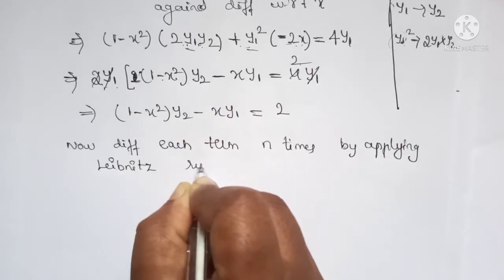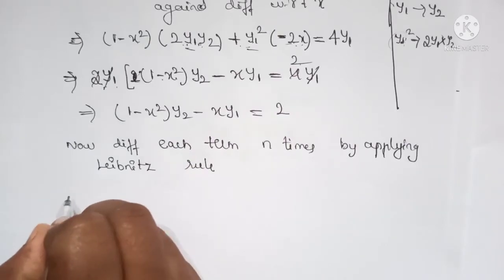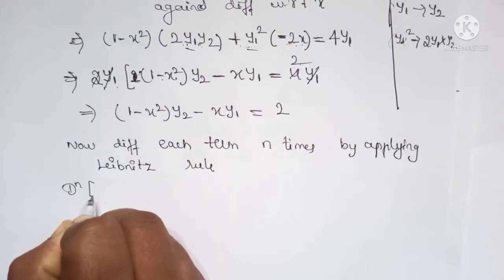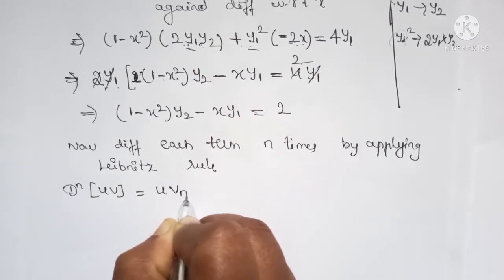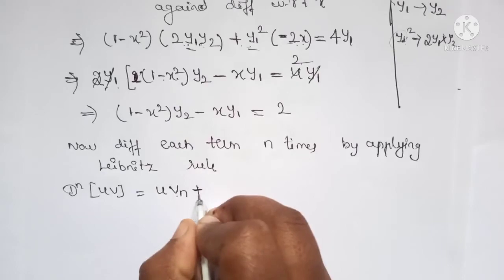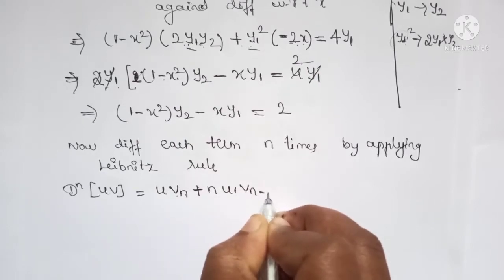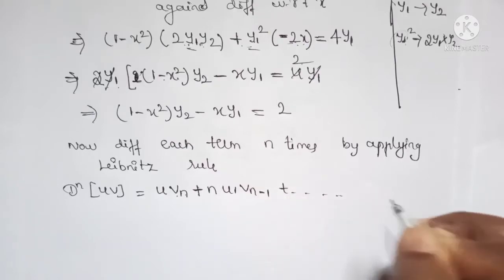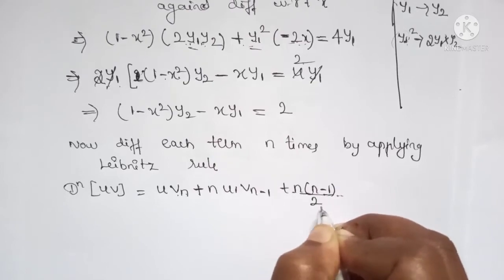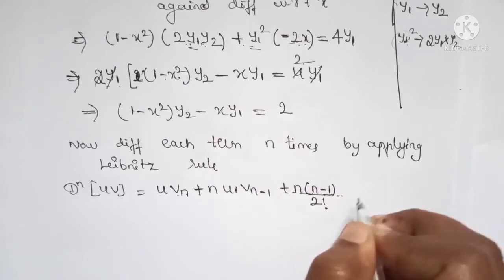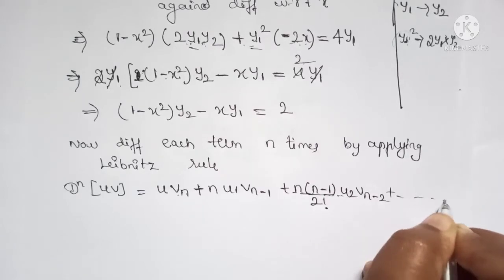If you are interested, you can write the formula once again here. Okay, that is Leibniz rule: nth derivative of u into v is u as it is, differentiation of v, plus n into u1 vn minus 1 plus and so on, or we write one more time, n into n minus 1 divided by 2 factorial, u2 vn minus 2 and so on, right?